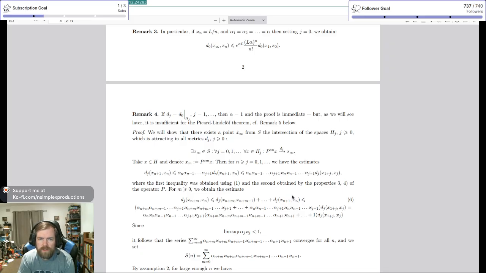Right. If d sub j equals d sub 0 for all the j's, then alpha equals 1, proof is immediate.